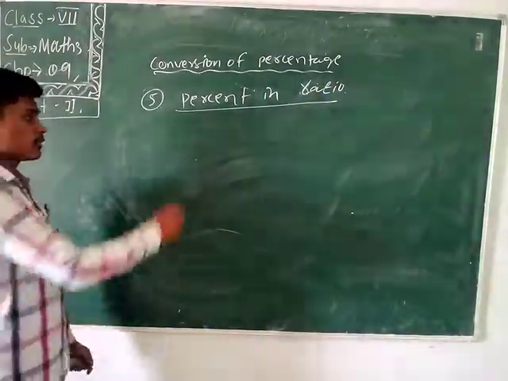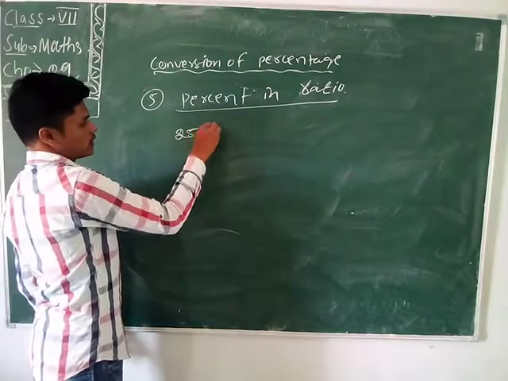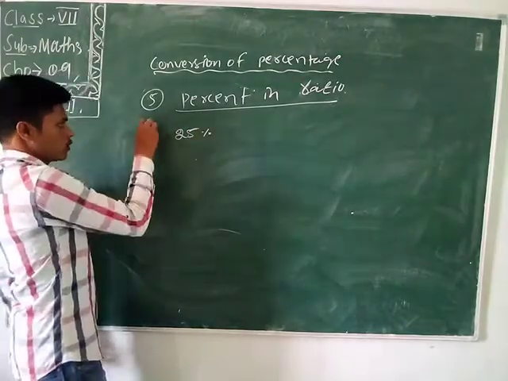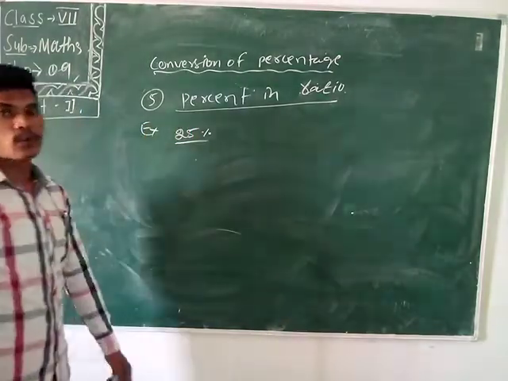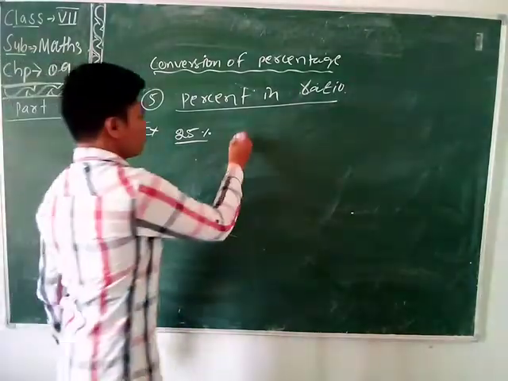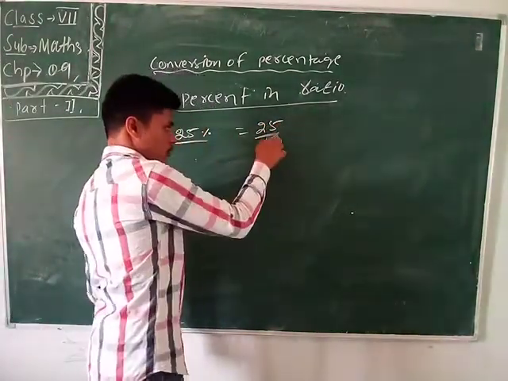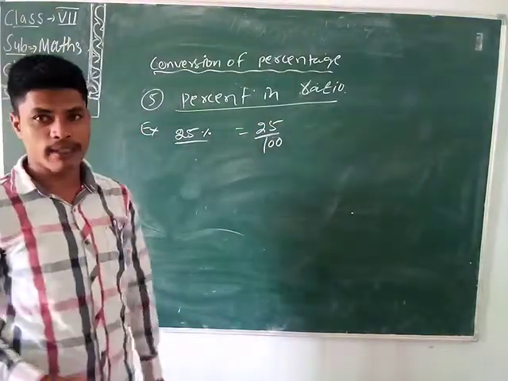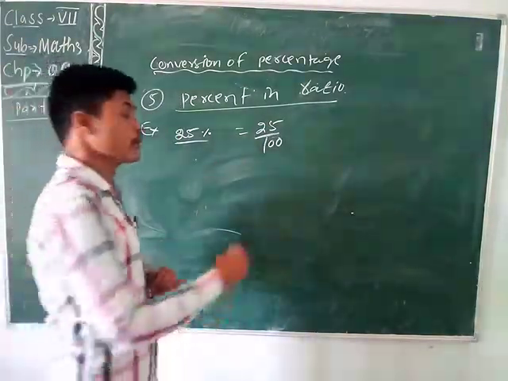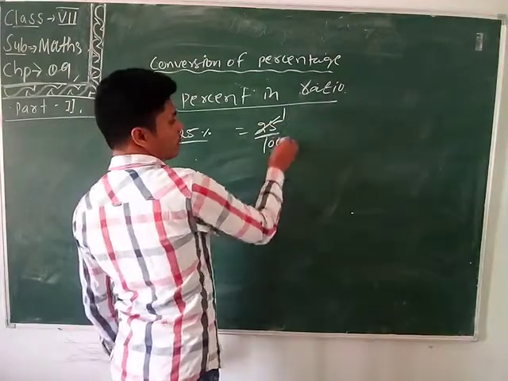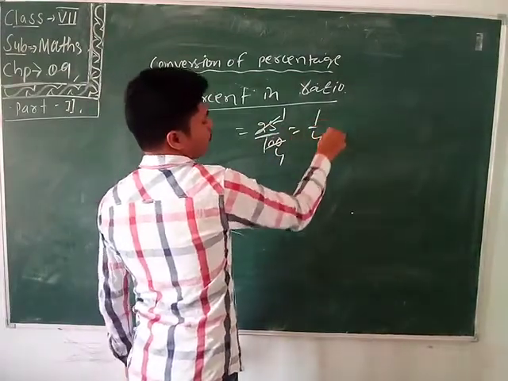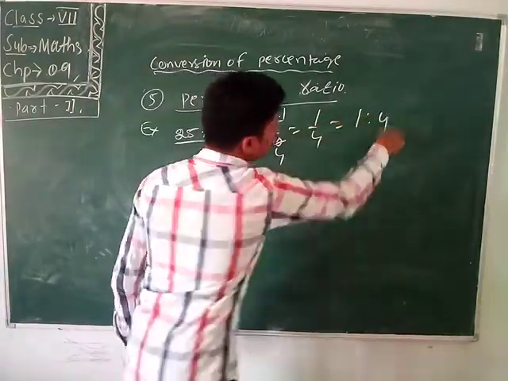Here 25% is there. 25% means 25 by 100. When we reduce it, 25 by 25 is 1, 100 by 25 is 4, so 1 by 4 equals 1:4.